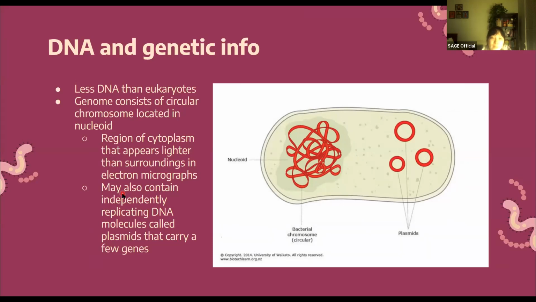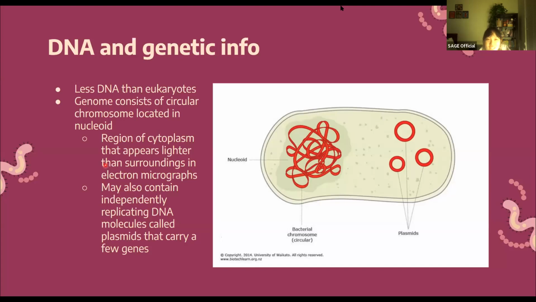So it's separate from the entire genome of the bacteria. The region of the cytoplasm that appears lighter is the nucleoid, and within the nucleoid, the actual genes are contained. And these genes are contained in the form of DNA and proteins called chromosomes.